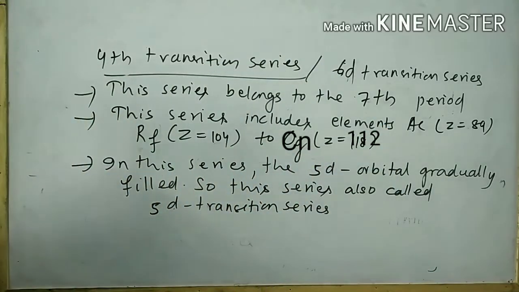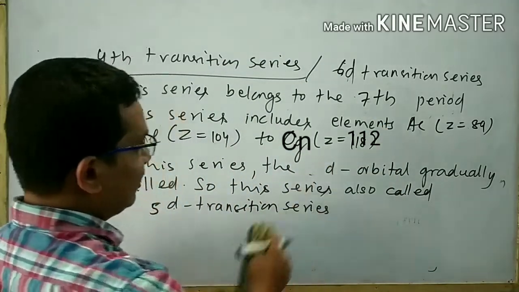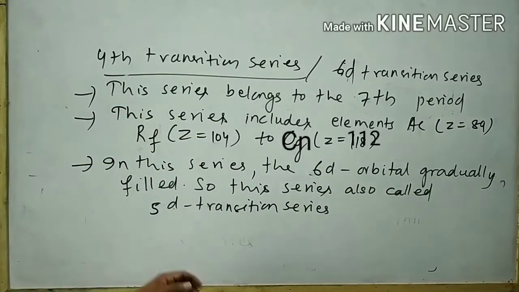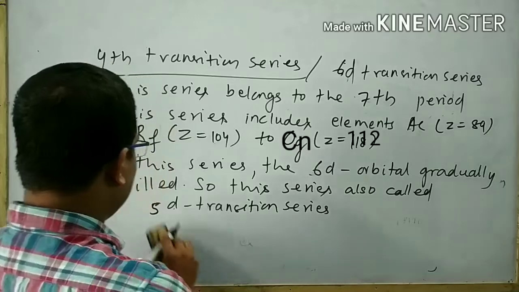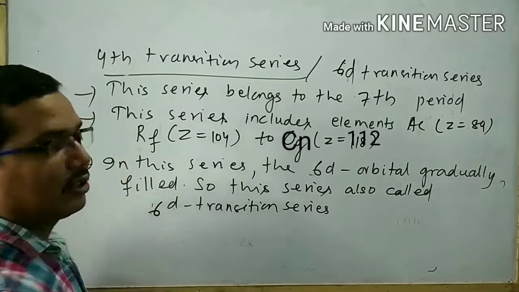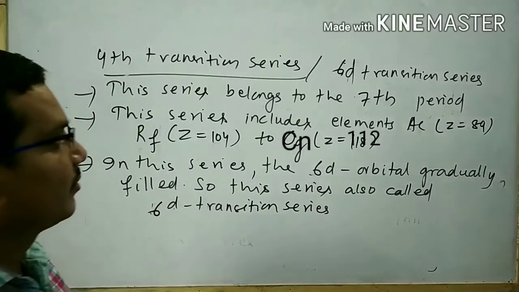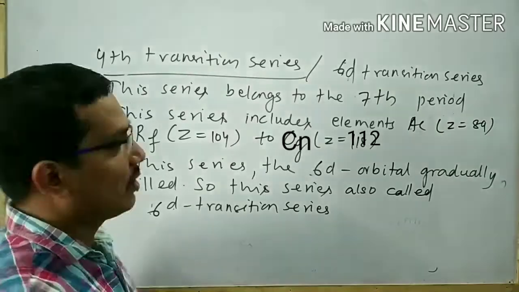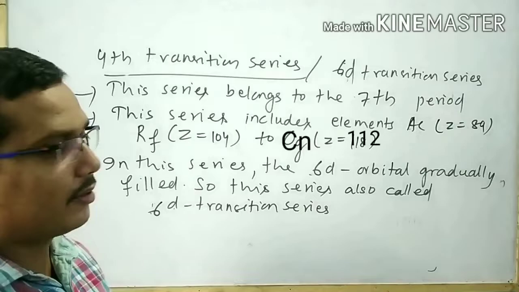In this series the 6d orbital is gradually filled. So this series is also called 6d transition series. This is all about the four series of the d block.